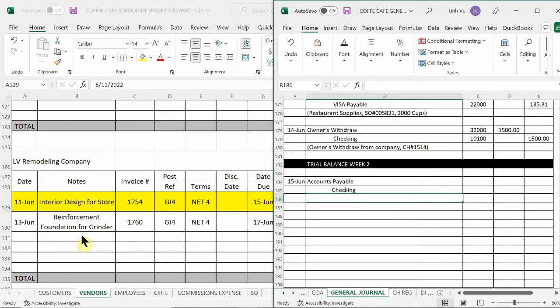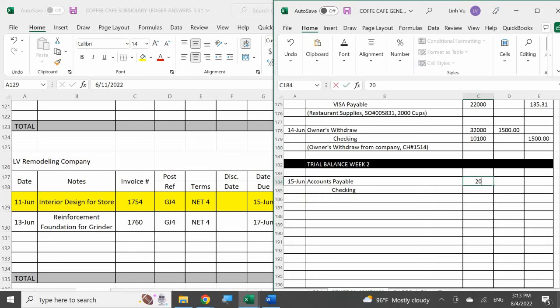So accounts payable is 20,000, and then it's a debit of 1890, and then checking credit 1890. Okay.